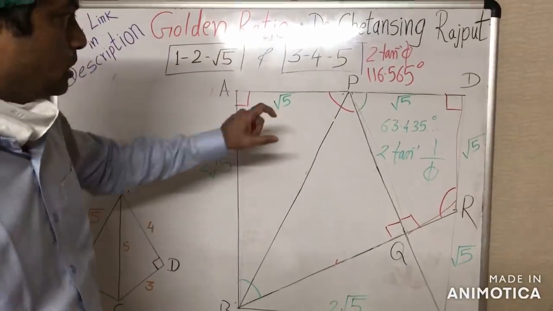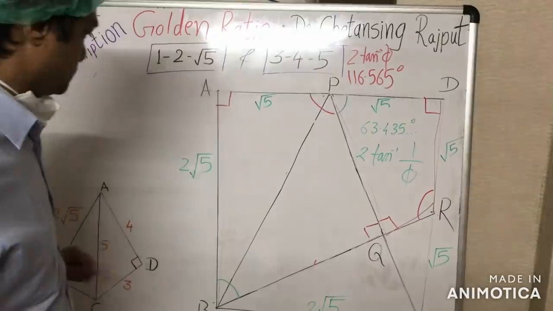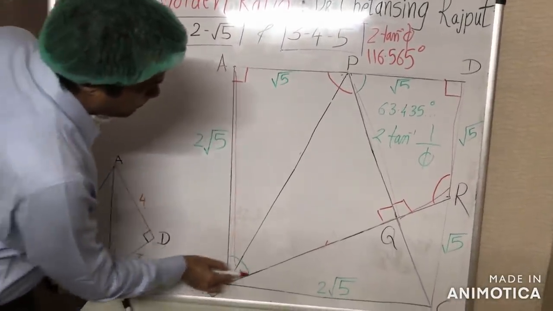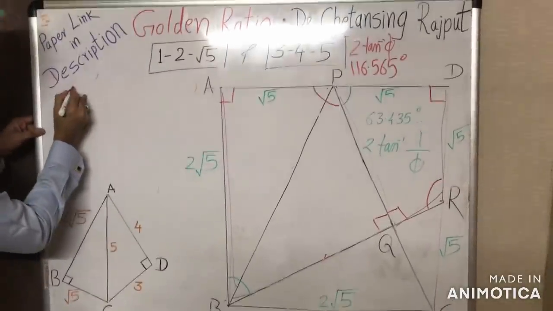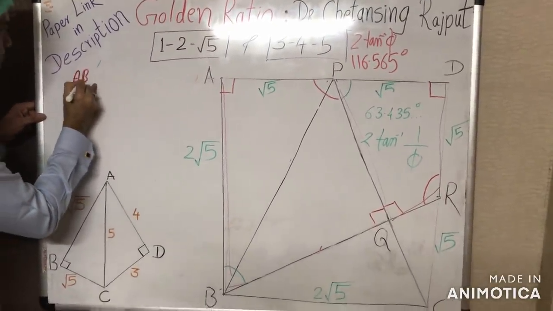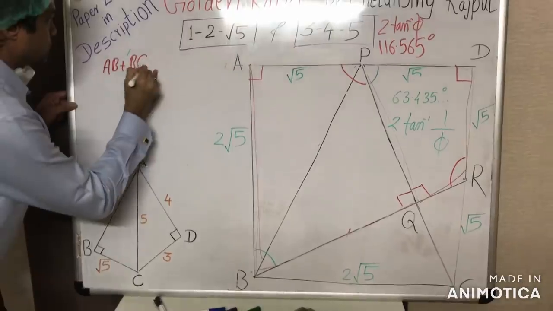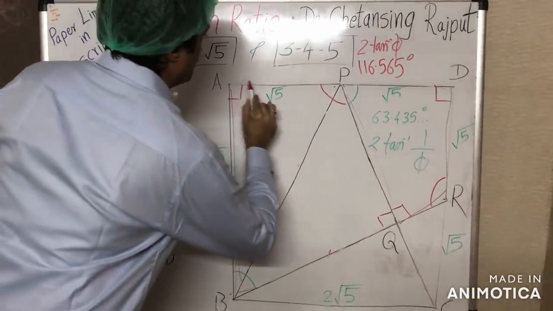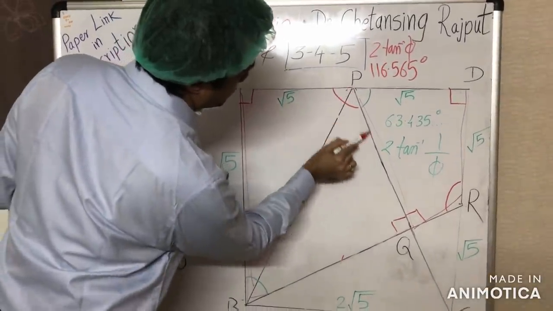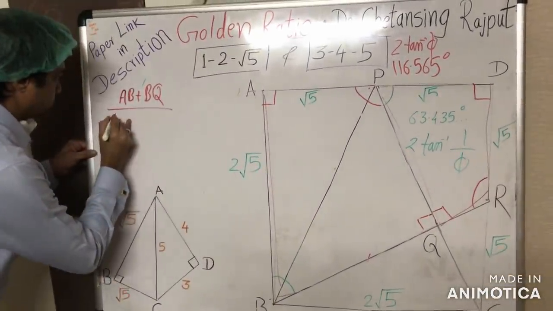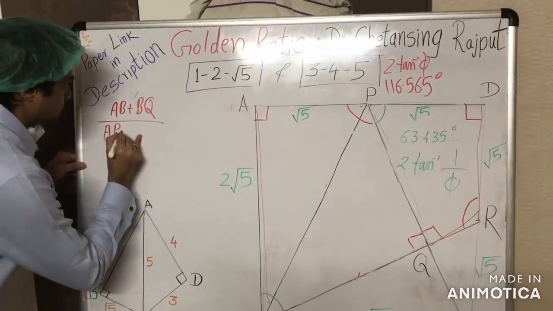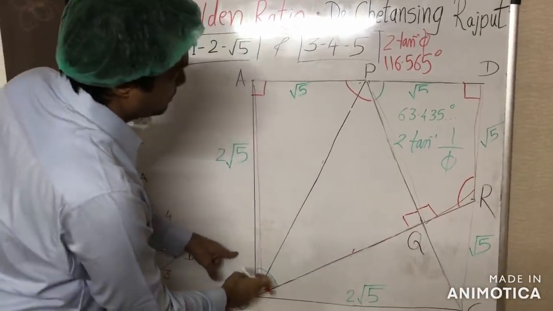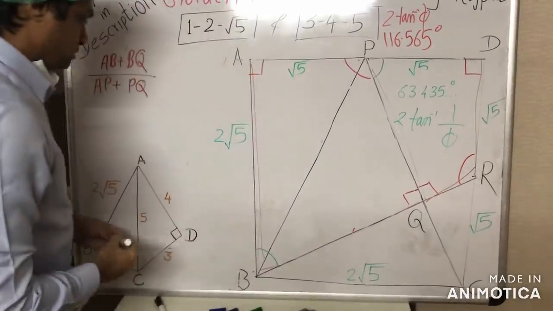the golden ratio is observed also in the side lengths of these quadrilaterals, like these sides AB and BQ. AB plus BQ upon AP plus PQ, the sum of the two longer sides and the sum of the two smaller sides.